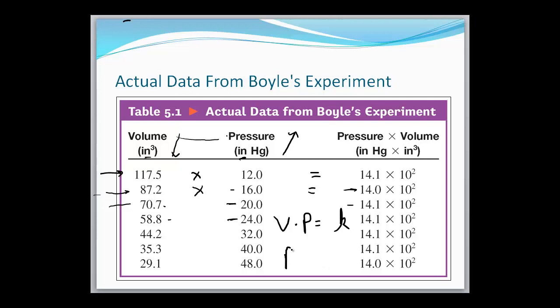Now usually we write it P times V is equal to K. So in a system, whatever you do to the pressure, the volume is going to respond. So if you multiply those two values together, you're going to come up with the same value.